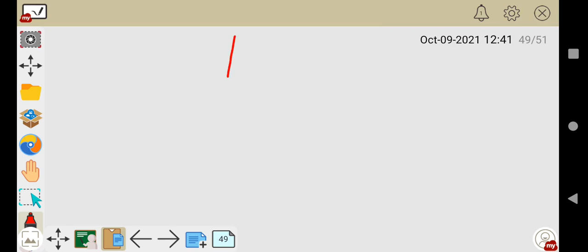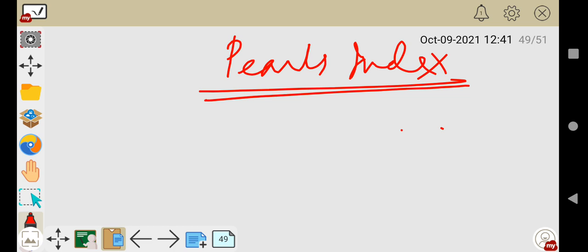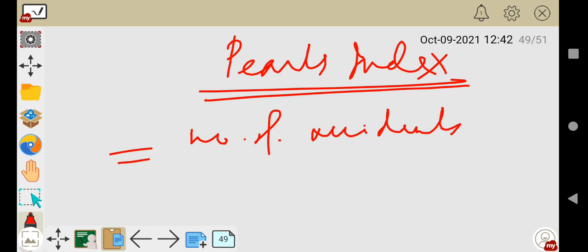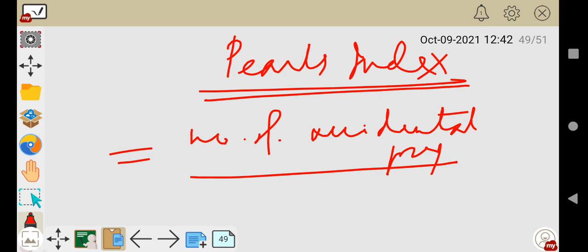Another thing is Pearl's index. The details about contraceptives we'll see in the gynae session, otherwise this session will be too long. So Pearl's index, this has been asked previously, is the number of accidental pregnancies per total number of women exposed.